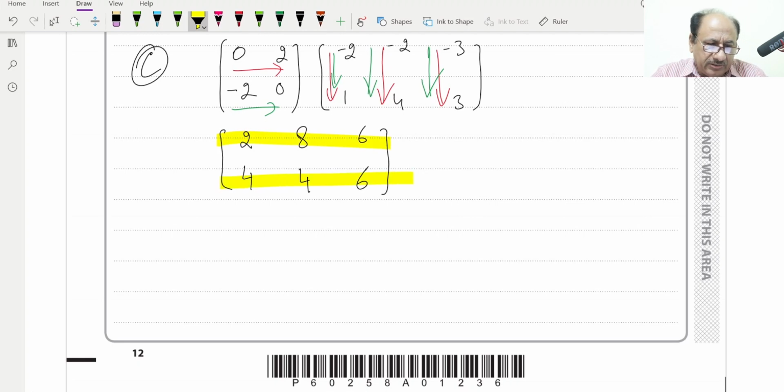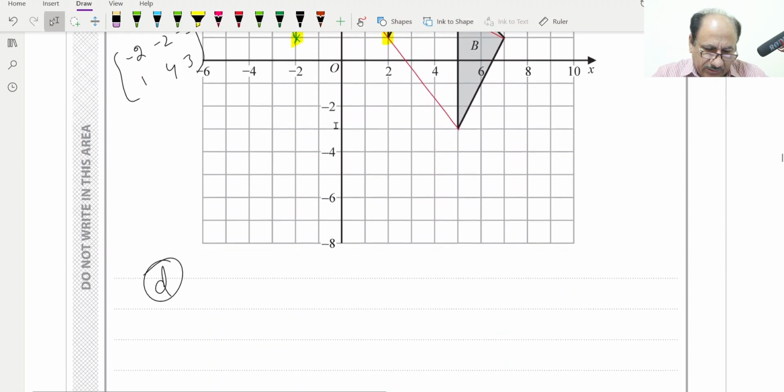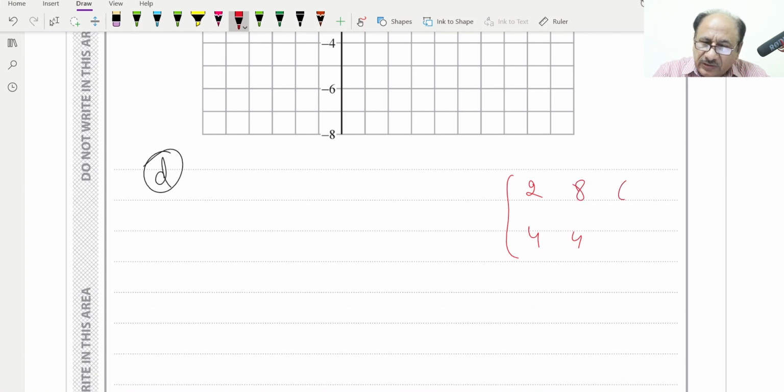So this matrix I'm utilizing: 2 4 8 4, and 6 6. This matrix is the complete transformation which we found. I will be using this one.